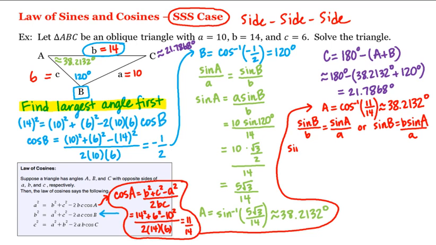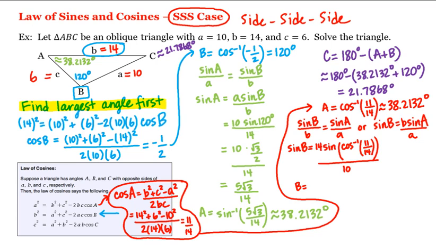That is, sine of B is equal to 14 times sine of this inverse cosine of 11 divided by 14, and we're using this exact value here to minimize rounding error, divided by a, which is 10.